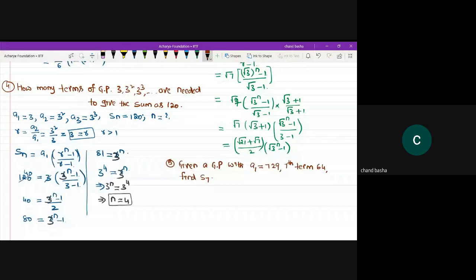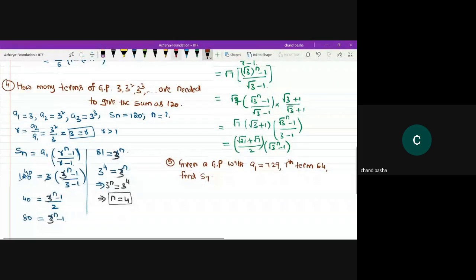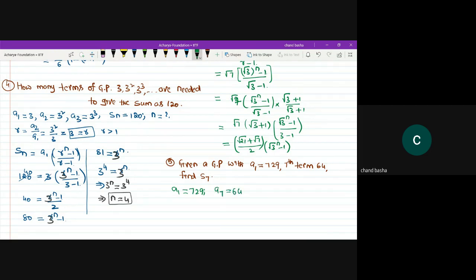First, I can write the given parameters. The first term A1 is equal to 729. The seventh term is given as 64. Seventh term means A1 r power 7 minus 1 is equal to 64.